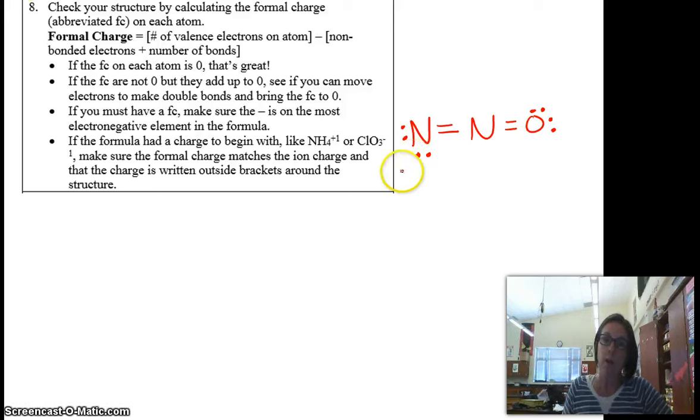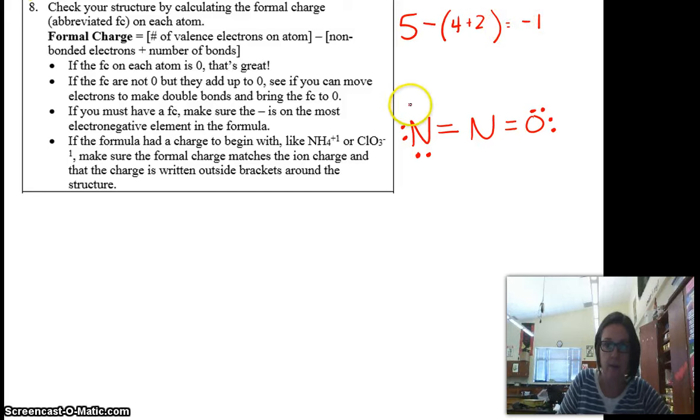For formal charge, I take the number of valence electrons and subtract the non-bonding electrons and the number of bonds. Let's go left to right. For this nitrogen, 5 valence electrons minus 4 non-bonding and 2 bonds. So 5 minus 6 gives us -1. This formal charge is -1.